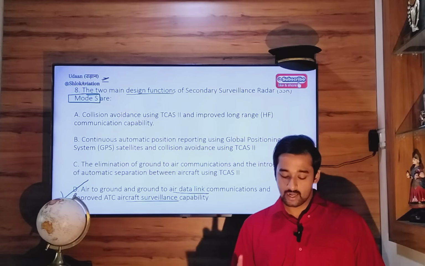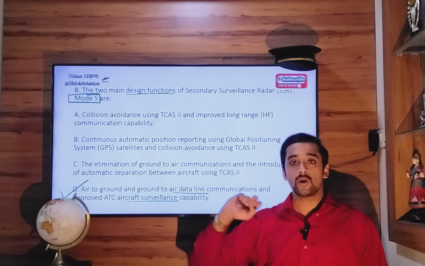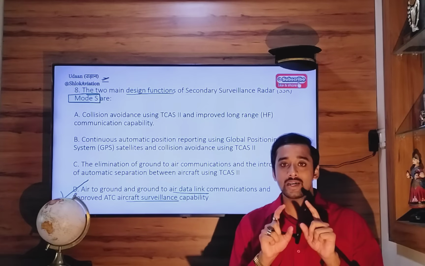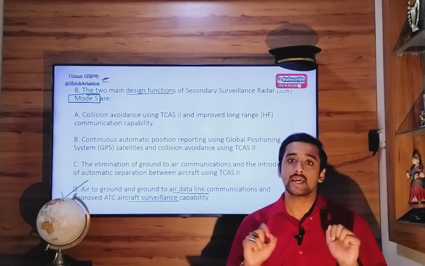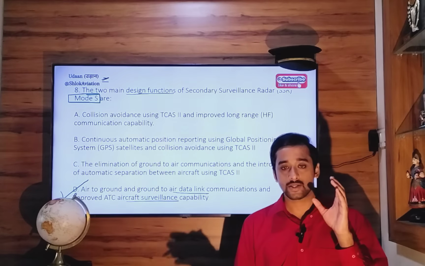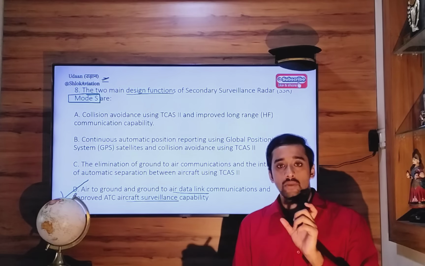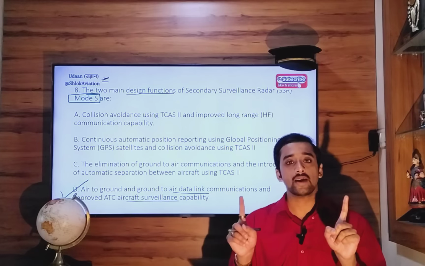So that is another added advantage of mode S capability, air-to-ground data link communication and improved ATC aircraft surveillance capability. Now here we can also use mode S capability in a transponder to coordinate avoidance maneuvers between two aircraft detected by your TCAS equipment. So mode S capability is what gives coordinated resolution advisories to two aircraft at one time.